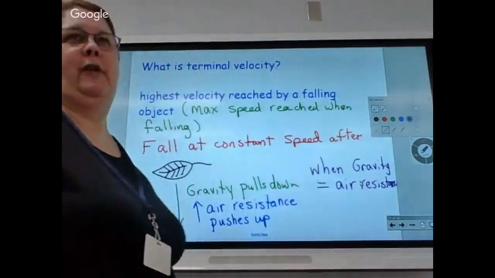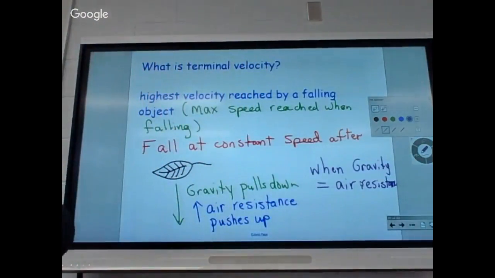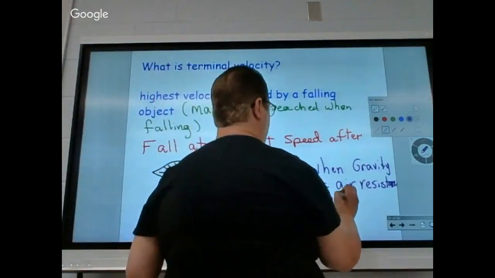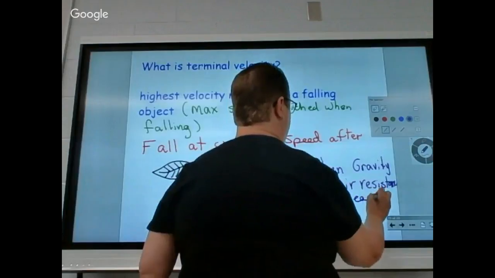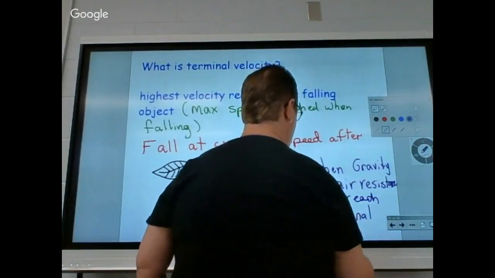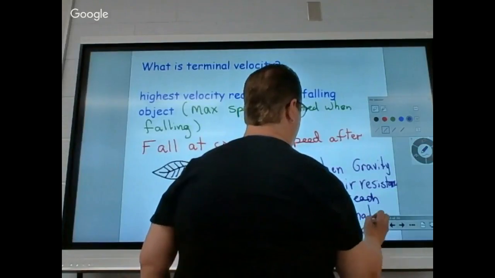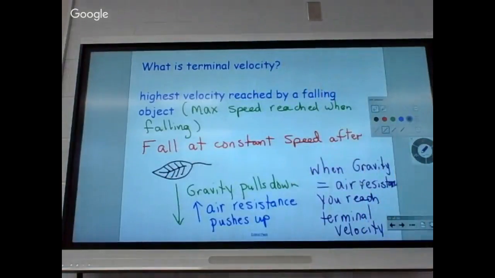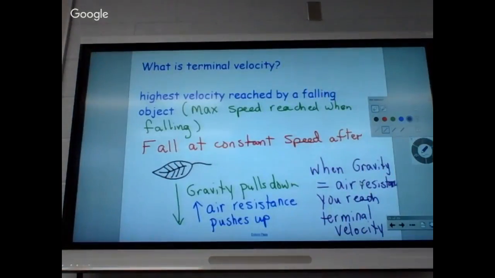When the force of gravity equals the force of the air resistance, you reach terminal velocity. That's right. And it's called a what kind of force based on what we did earlier in the unit? A balanced or an unbalanced? It's a balanced force. Okay? So when your pull of gravity and your push of air resistance are equal, you reach terminal velocity.